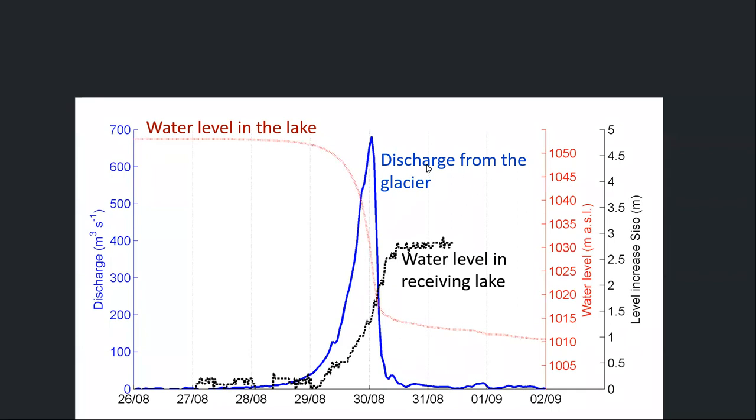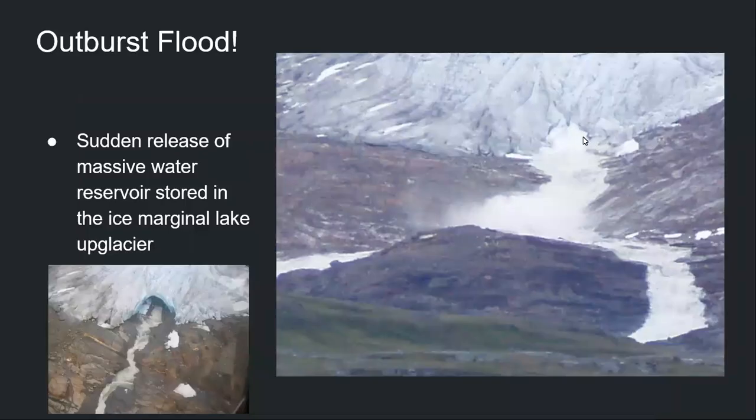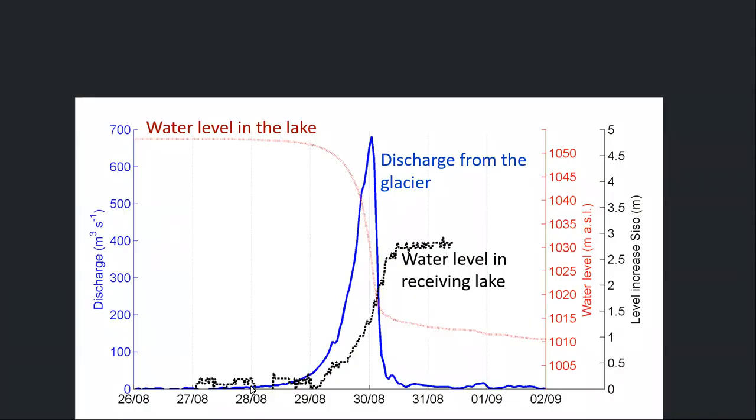If we look at the discharge from the glacier, which is the amount of water that's exiting here, we have a peak of discharge at about the same moment the water level in the lake is falling. So basically we are transferring the water in the lake through the glacier, and all of that reaches the exit of the glacier. That's why the discharge is going high, it is increasing a lot, and then slows down because there's nothing else to drain.